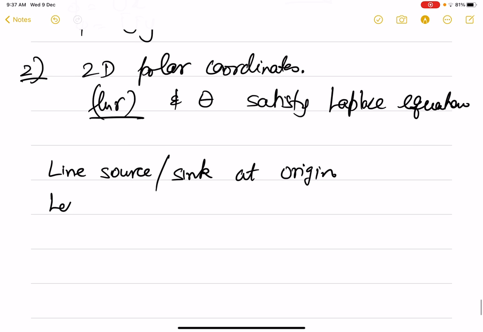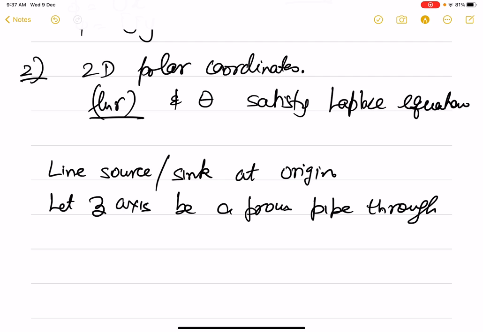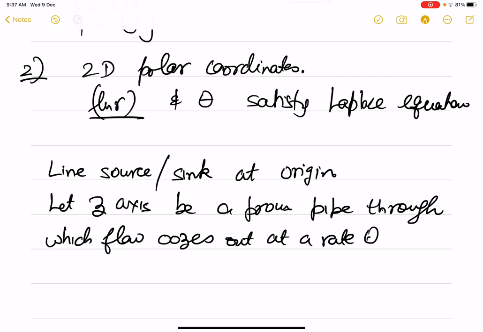So let the z-axis be a porous pipe through which flow oozes out at a rate capital Q per unit length b of the pipe.